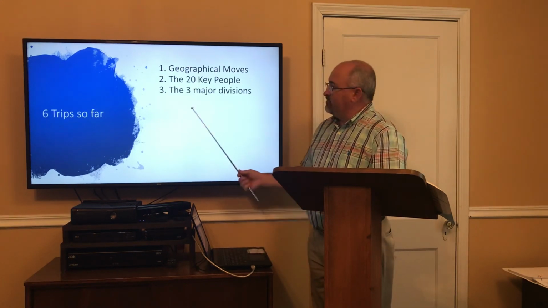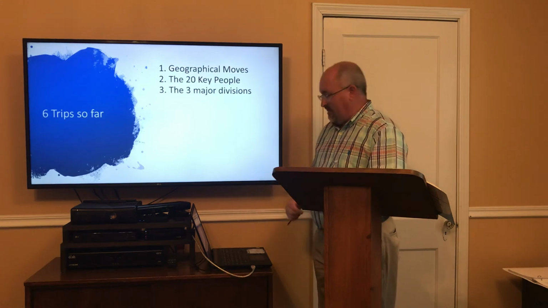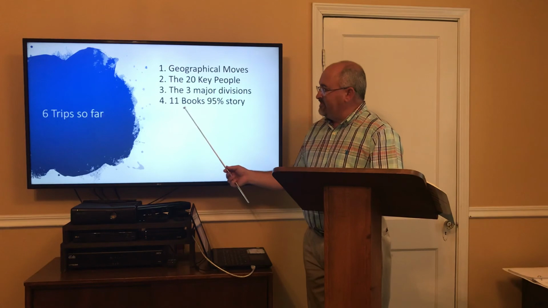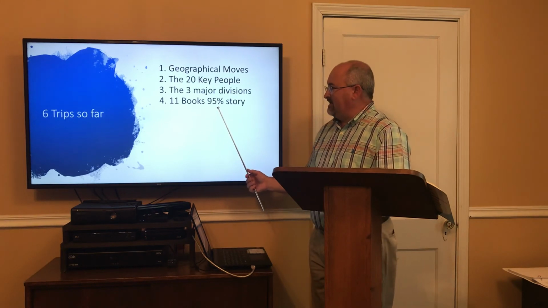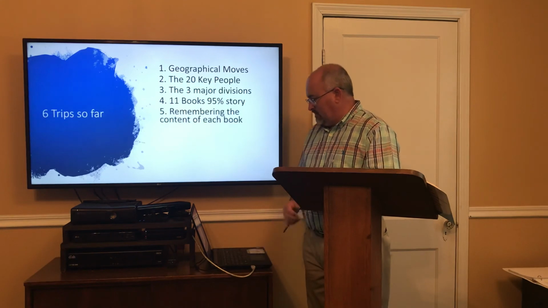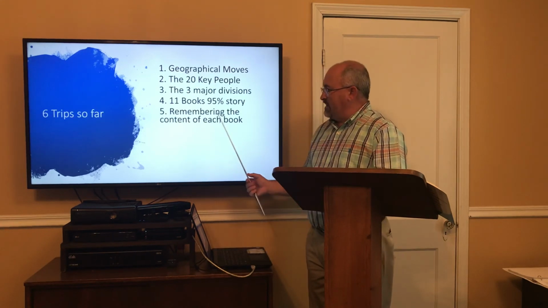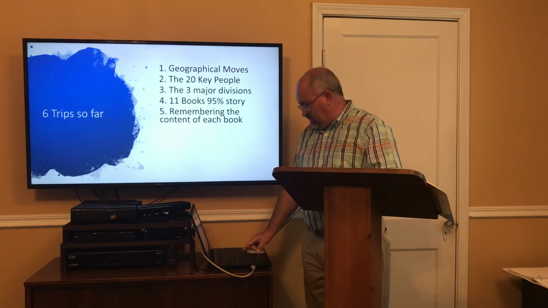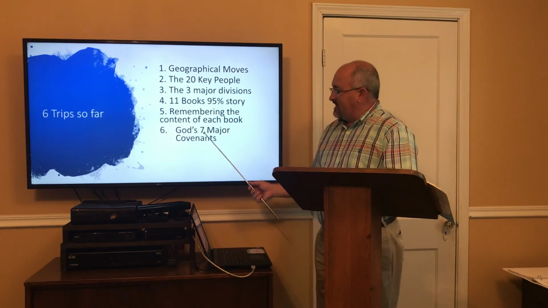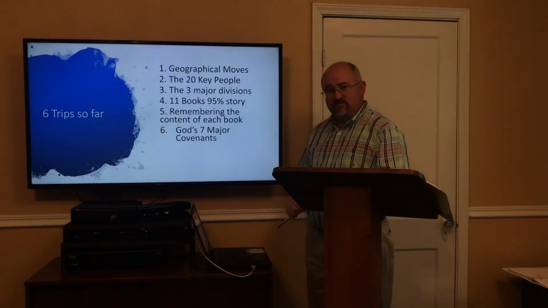We've covered the 3 major divisions of the Old Testament. We've looked at the 11 books that contain 95% of the story. We've looked at a way to remember the contents of each book. We looked at God's 7 major covenants with man.